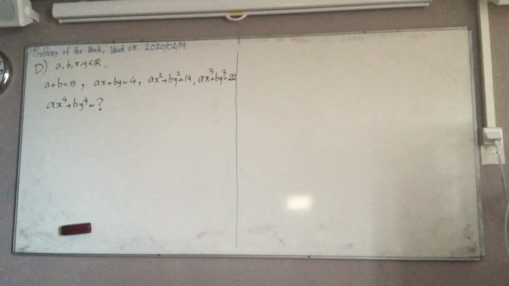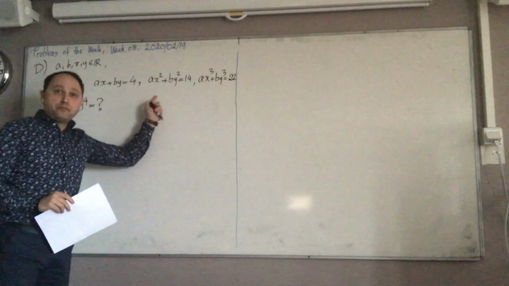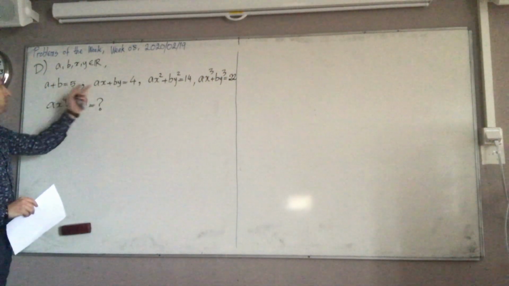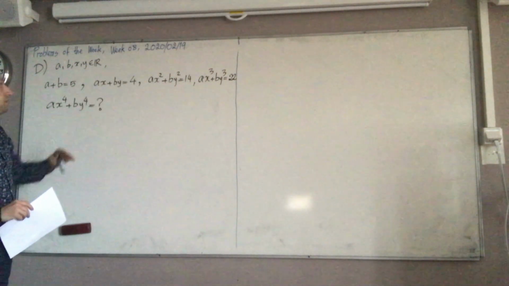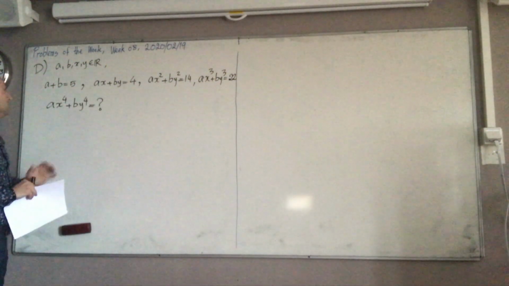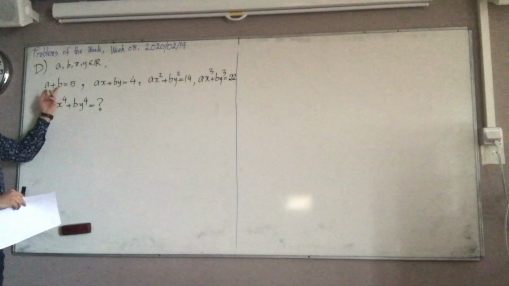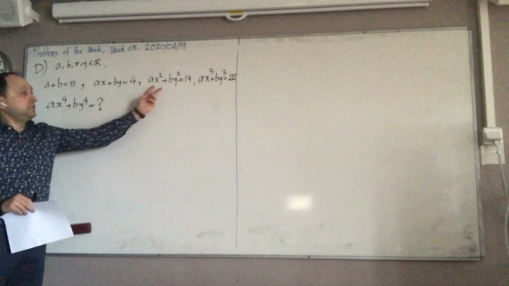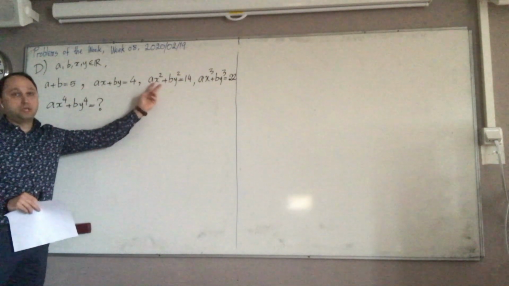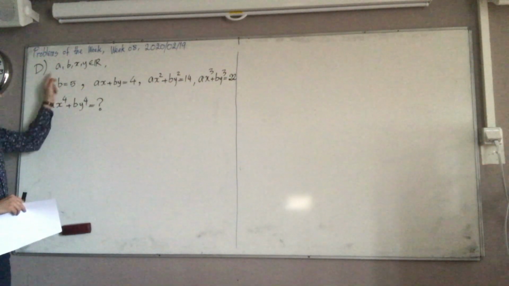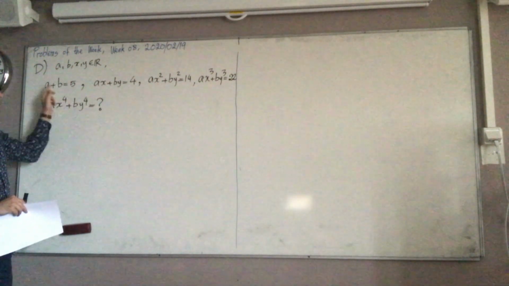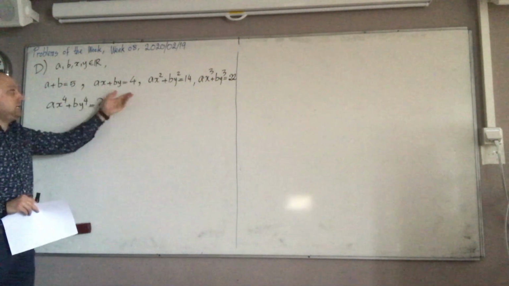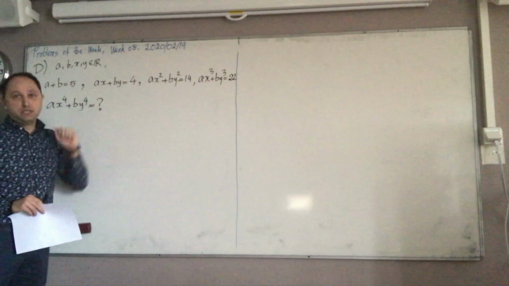Okay, so you might have some kind of experience here. You might think that it is a good decision to multiply these two side by side, but this is not a good idea. Because if I start multiplying this expression by that expression, I will not get something similar to this, so that I cannot use this information. Because A will be multiplied by AX, then you will get A squared X. But what you need is actually AX squared.